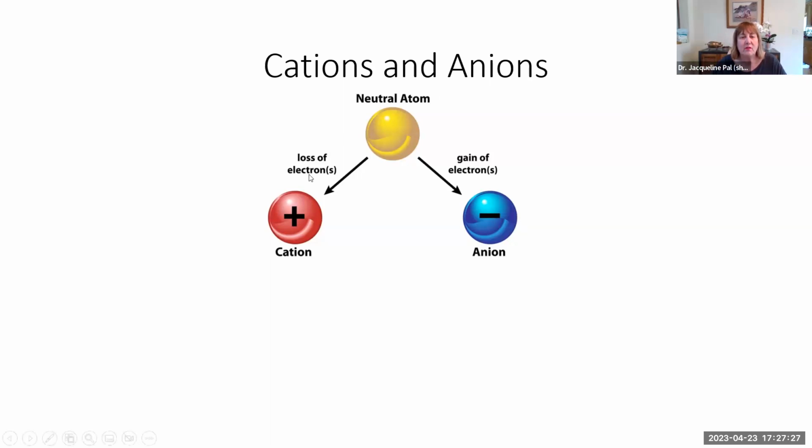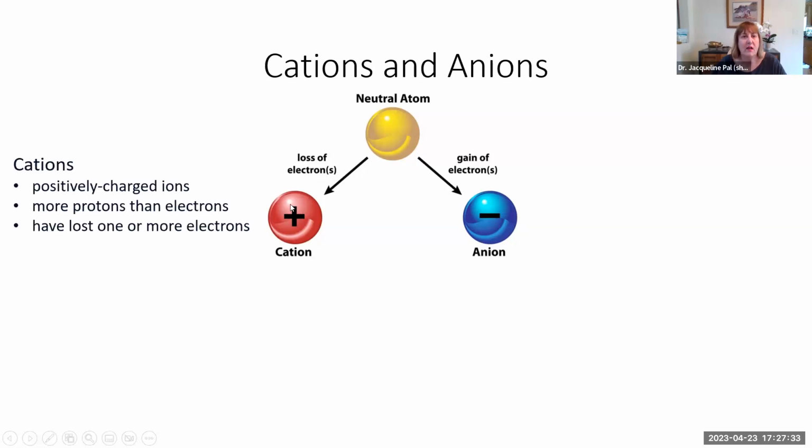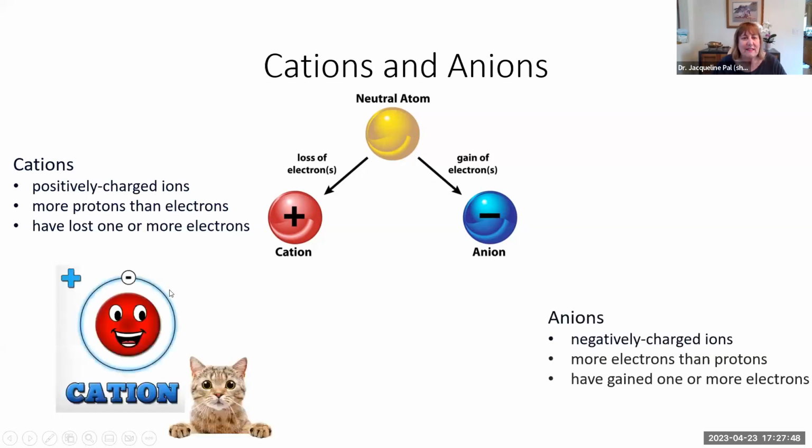When a neutral atom loses an electron and becomes positively charged, we call it a cation. Okay, so in other words, it's going to have more protons than it has electrons, and that is because it's lost one or more of its electrons. So just think of kitty cats. It's positively charged. Cats make you happy, okay?